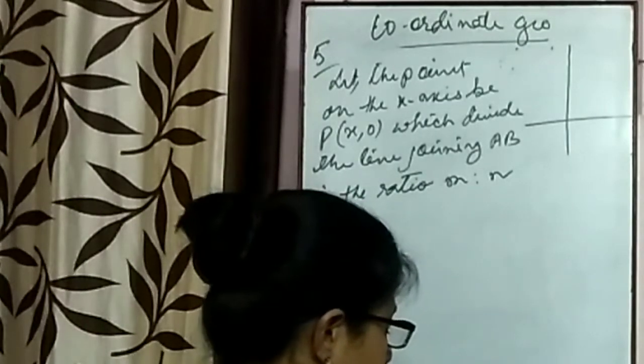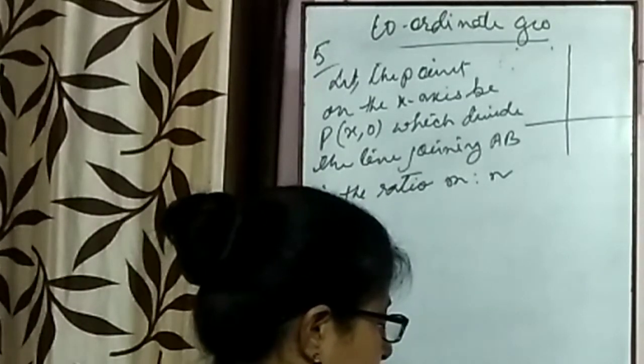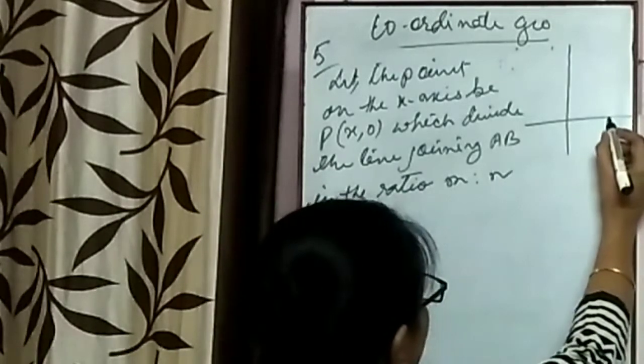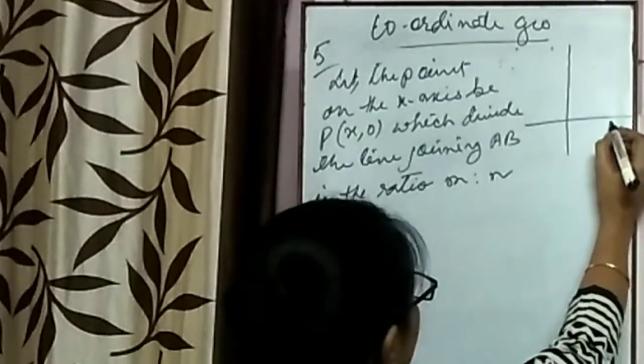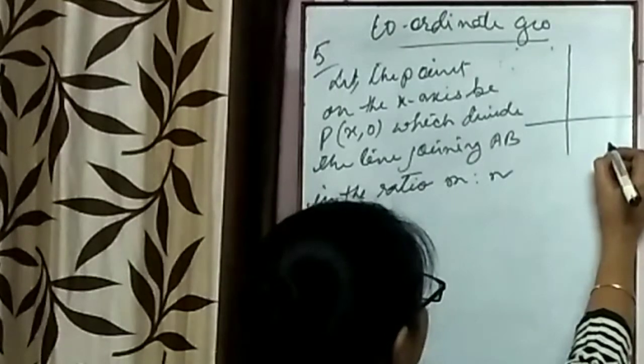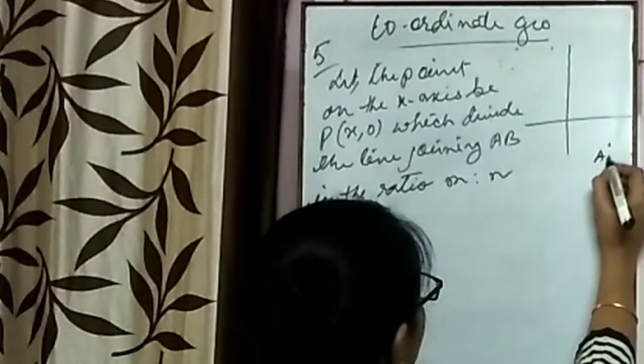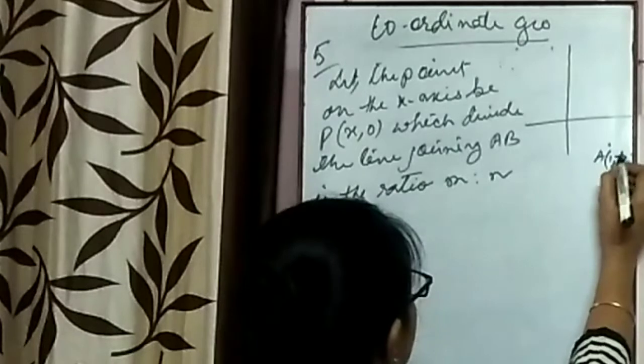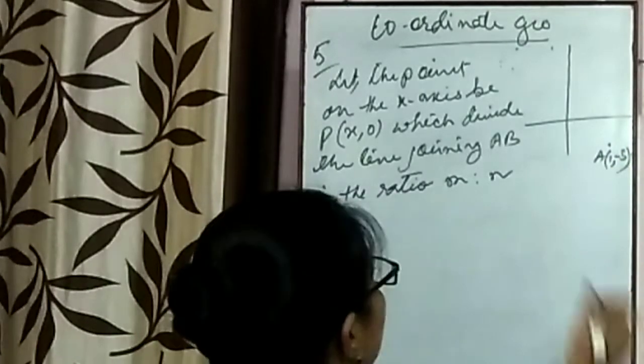Say here the coordinate axis, if I would try to draw the diagram, then it would look like A is 1 and minus 5. 1 and minus 5 means here somewhere will be A, and B is minus 4, 5.